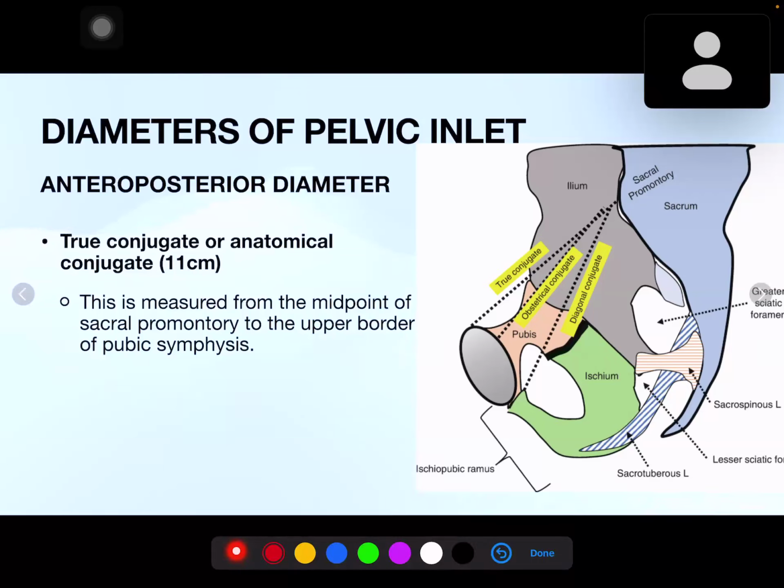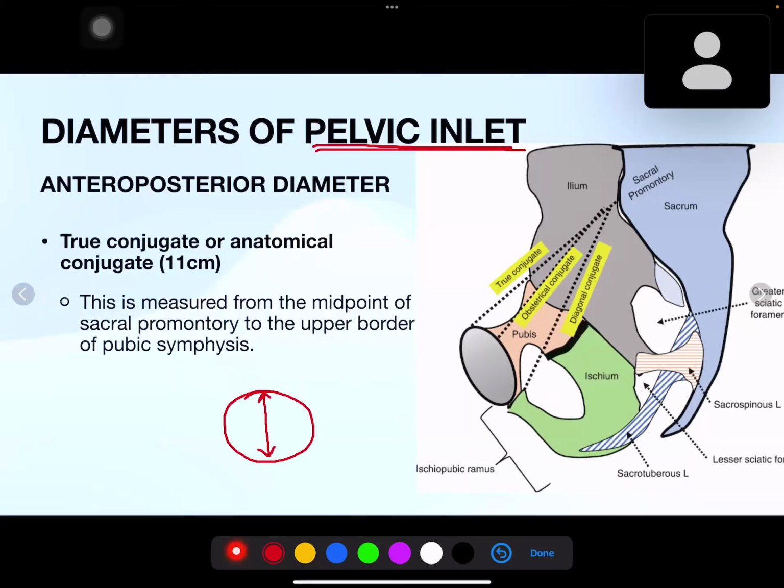Now, again, we are going to the pelvic inlet. What we were discussing, see, this was the pelvic inlet. This is the pelvic brim I have drawn. Now, how many diameters does the pelvic inlet have? What I have drawn is an AP diameter, anterior and posterior diameter.